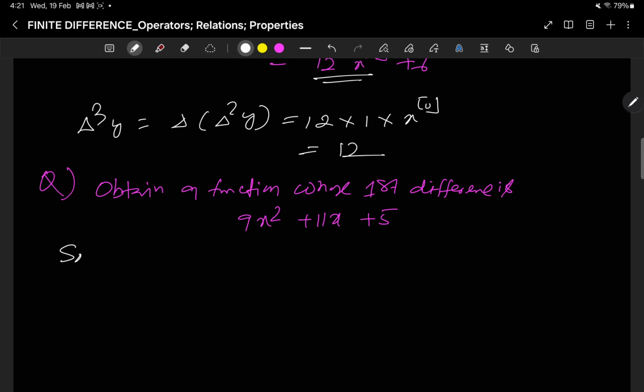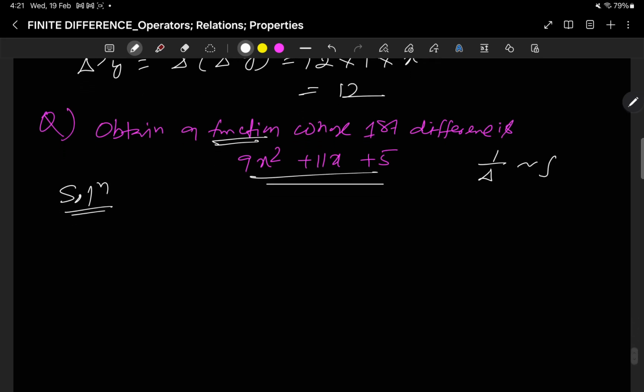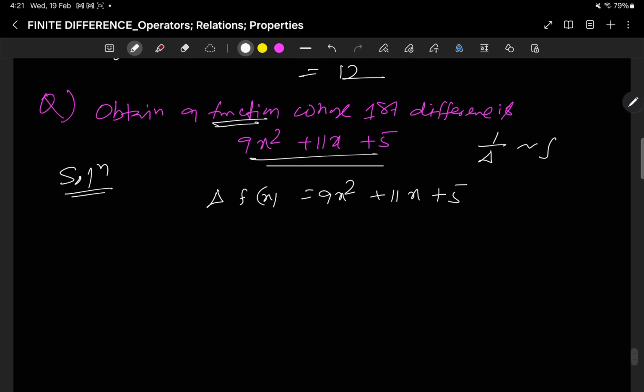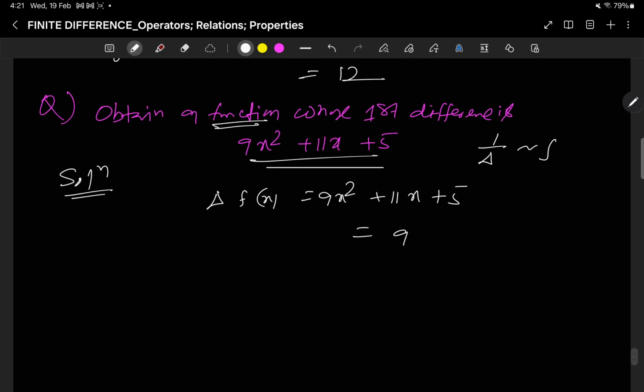Now coming to another question, the first difference is given. We have to obtain the function, which means we have to operate 1 by del, which resembles integration. So we write del f(x) is 9x square plus 11x plus 5. In terms of factorial polynomial, it will be 9x square plus 11x power 1 plus 5.